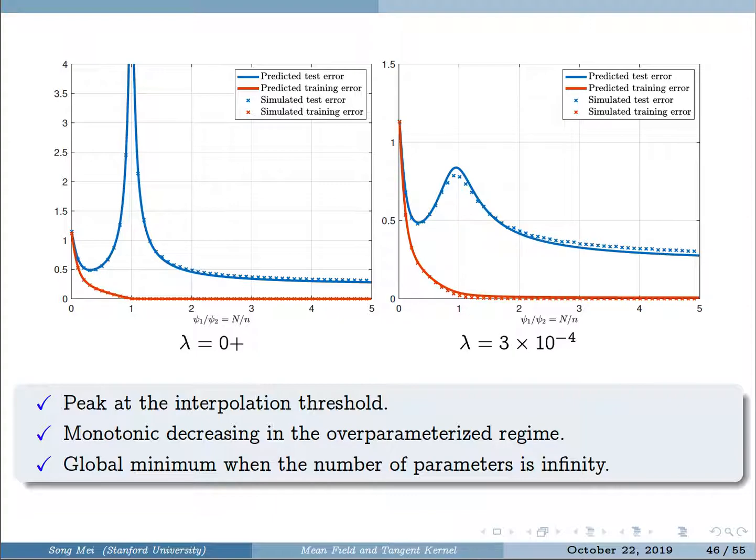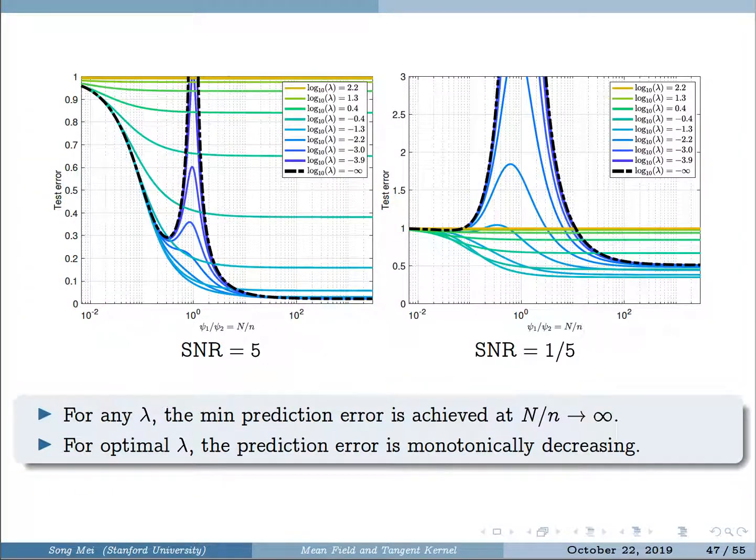And usually, when people train neural networks, they use SGD, and they cannot find exactly the minimum. So that means usually, early stopping has some correspondence with regularization. So if we add a small regularization, then the test error will display this shape, and the singularity becomes a mild bump. And then we can plot the test error from different angles.